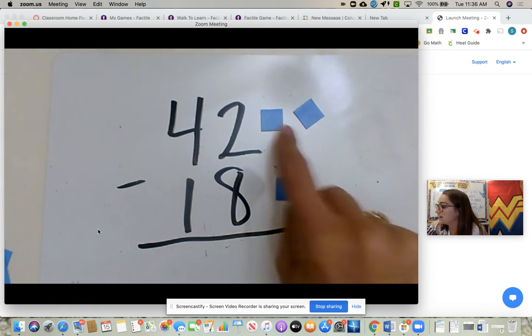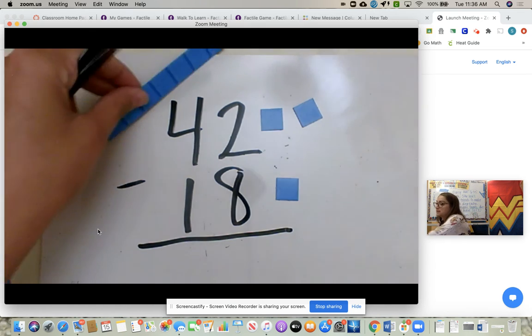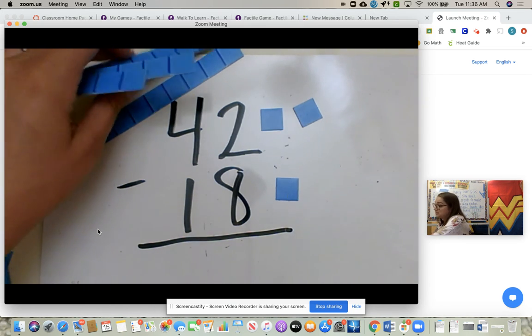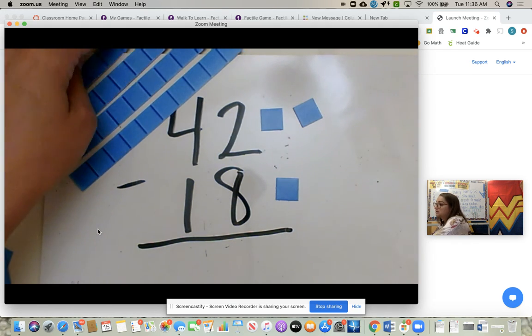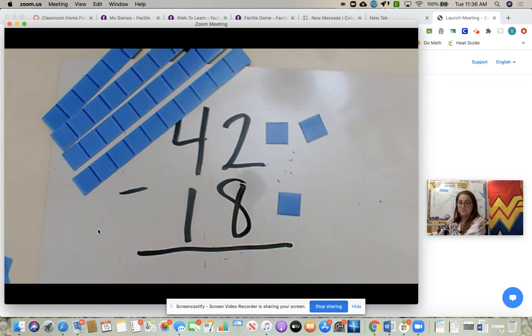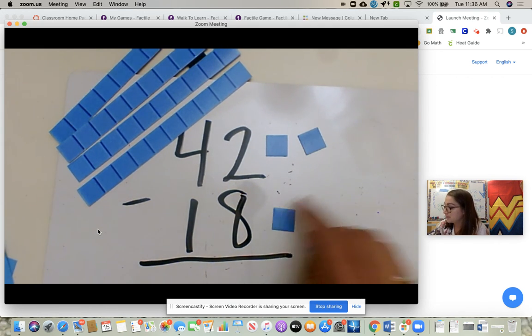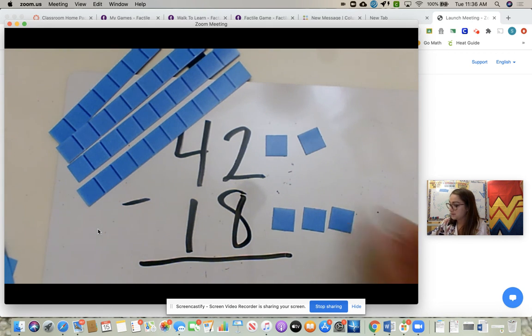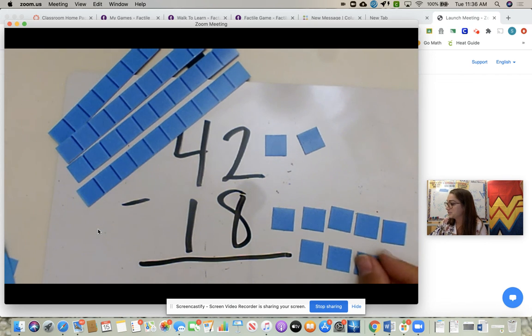All right, so if I have 2 ones, I have 4 tens because in the beginning of the year, we went over our base 10. And then I have 1, 2, 3, 4, 5, 6, 7, 8. Okay, just like last time.